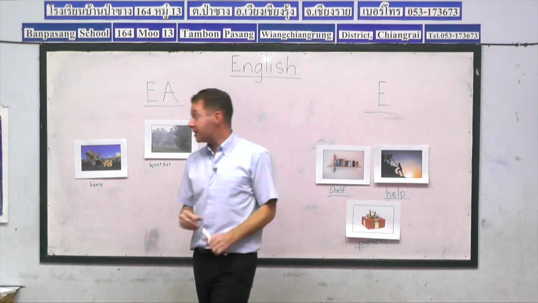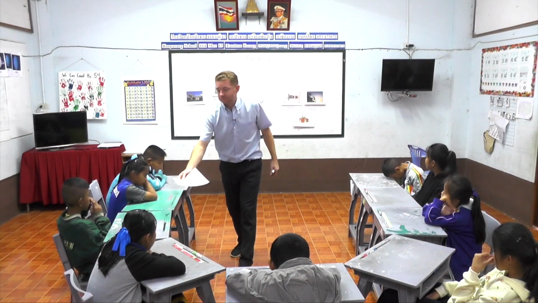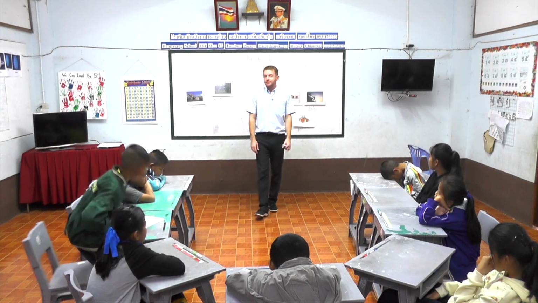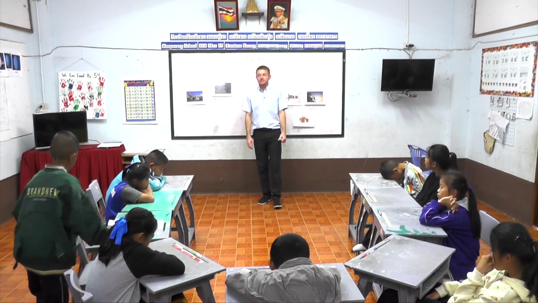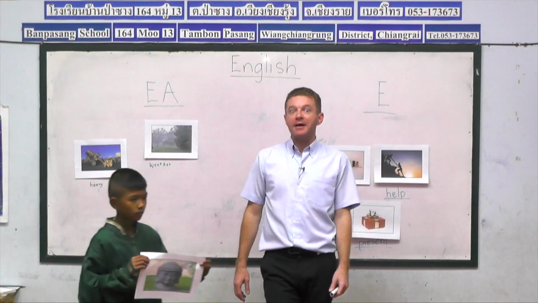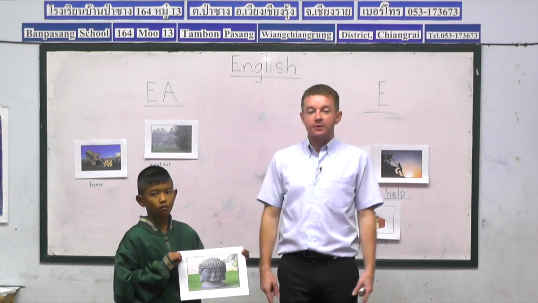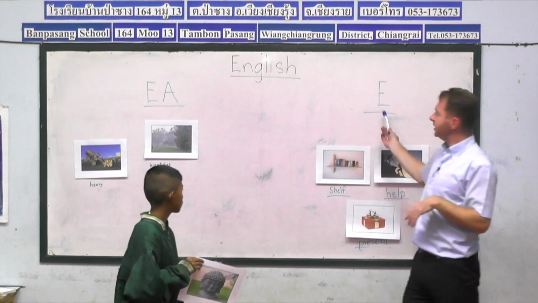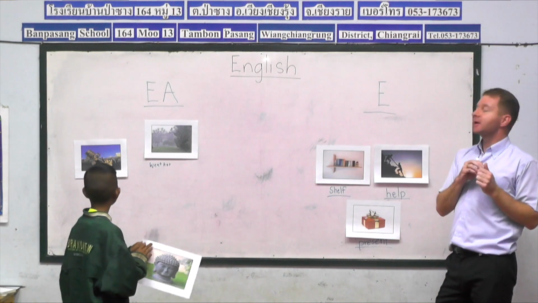Okay, and now for our next flashcard. Now it's Pat's turn. So Pat, come and join me at the front of class. And what can we see on Pat's flashcard, guys? We can see a head. Now, how do we spell head? With E or with E-A? Correct.